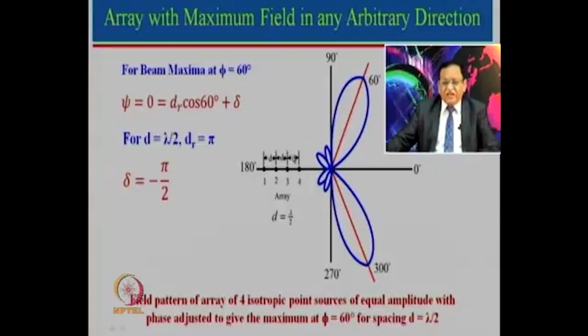If we feed it like this, the beam maxima will be in this direction, which is at phi equal to 60 degree, and since the beam is symmetrical with respect to the axis of the array, the whole pattern is getting rotated, forming a full conical shape. That is the reason we see two different cones, but actually this is two dimensional, and the whole cone is getting rotated completely here. So, what you really get is a conical radiation pattern.